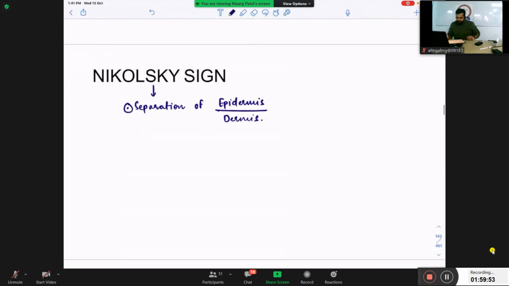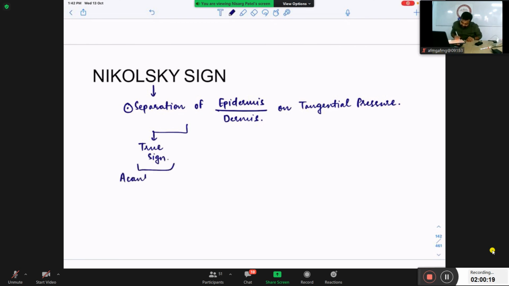So separation of epidermis and dermis on a tangential pressure. By giving some tangential pressure, I have a separation of epidermis from the dermis. This Nikolsky sign is a true Nikolsky sign when acantholysis is present.